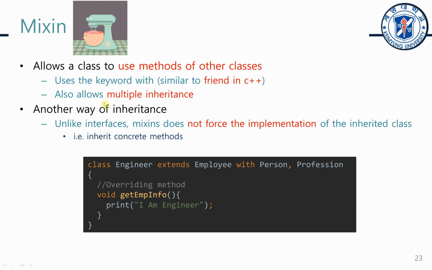So the information of this person is, I'm an engineer. When you use mixins, you don't have to implement. For instance, this is a class called Engineer, right? I am using Person and Profession, but I do not implement them. So there is no need when you are using mixins. So this is the more advanced concept with classes. If you are familiar with C++, this is similar to friend of a class in C++.